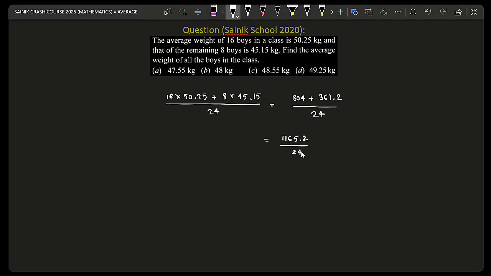Now you can check whether the number is divisible by 3 or not and 8 or not. If it is divisible by both of them, 24 also is divisible. How to check whether a number is divisible by 3? Sir, add all the digits. Okay, add and check whether it is divisible by 3 or not.